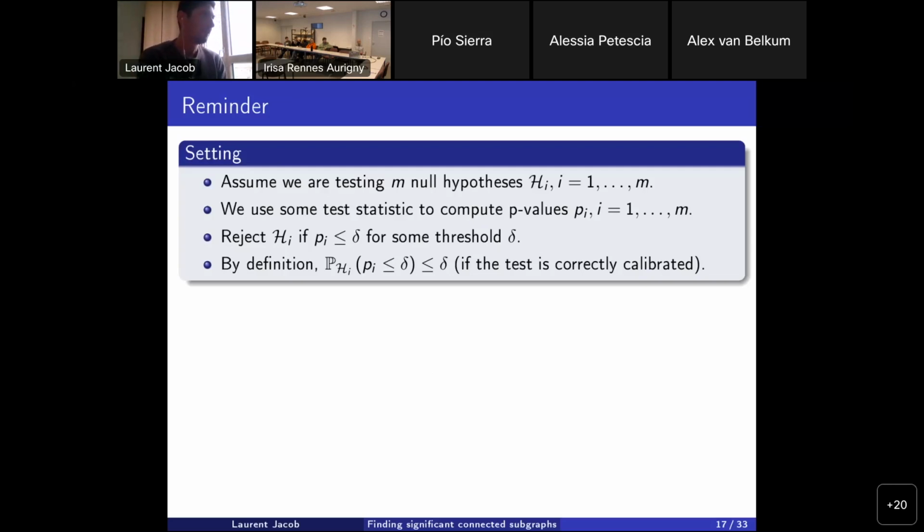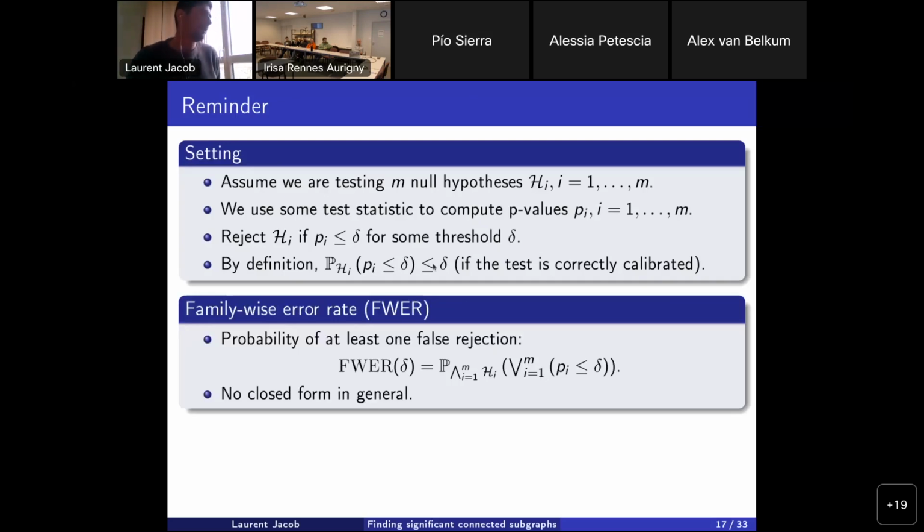We want to reject those, we want to test them. So we are going to use some test statistics to compute p-values for each of these tests and reject each of these null hypotheses if the p-value is lower than some threshold. And by definition, if the test is correctly calibrated, you need to remember that the probability under the null hypothesis that the p-value is lower than the threshold is itself lower than the threshold.